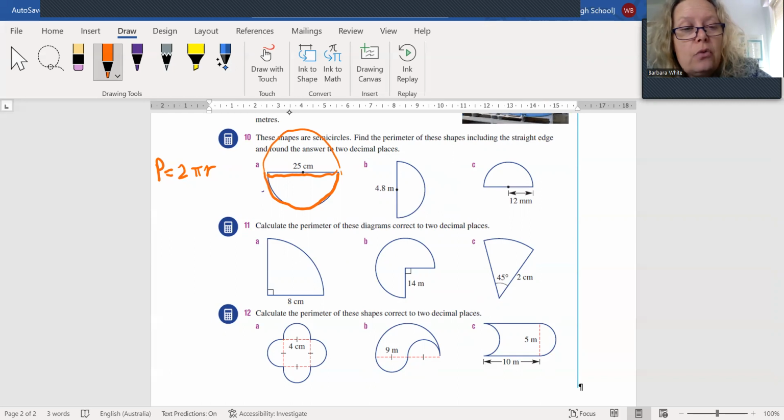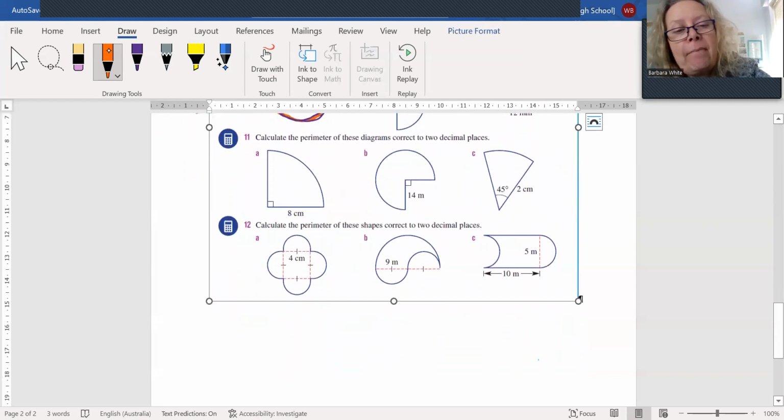And then that's given us this much. We also need this bit. So we're going to add 25 centimeters. So we're going to go 2 pi radius, divide by 2 to get half a circle and add 25 centimeters.